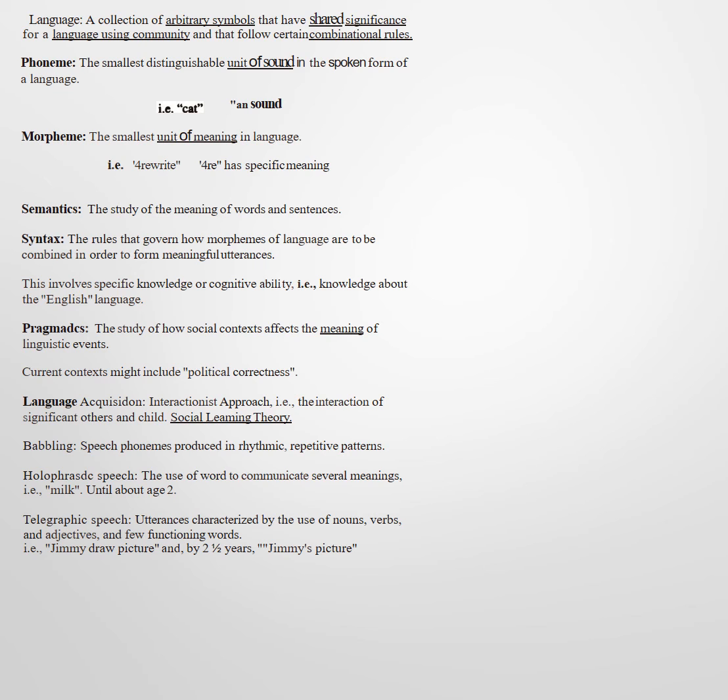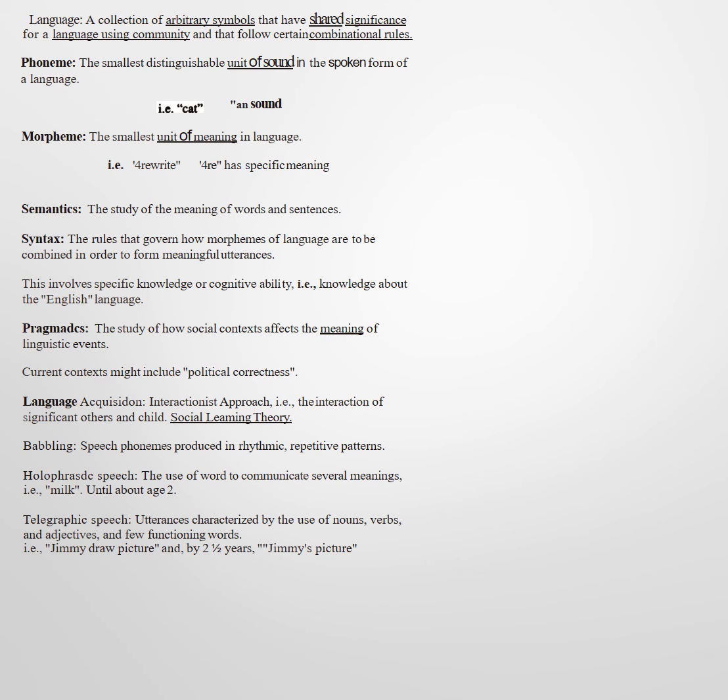Syntax is a rule that govern how morphemes in language are to be combined in order to form meaningful utterances. So syntax is, for example, how you put a sentence together. It's different in English than it is in Spanish. Pragmatics, of course, is the study of how social context affects the meaning of a linguistic event.